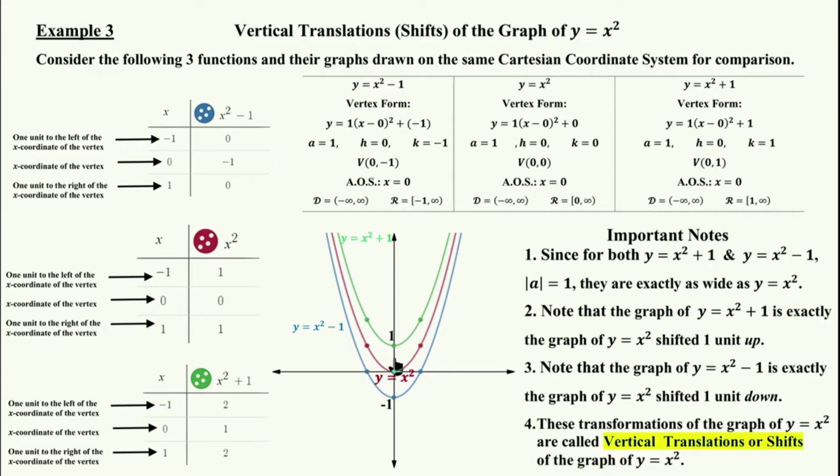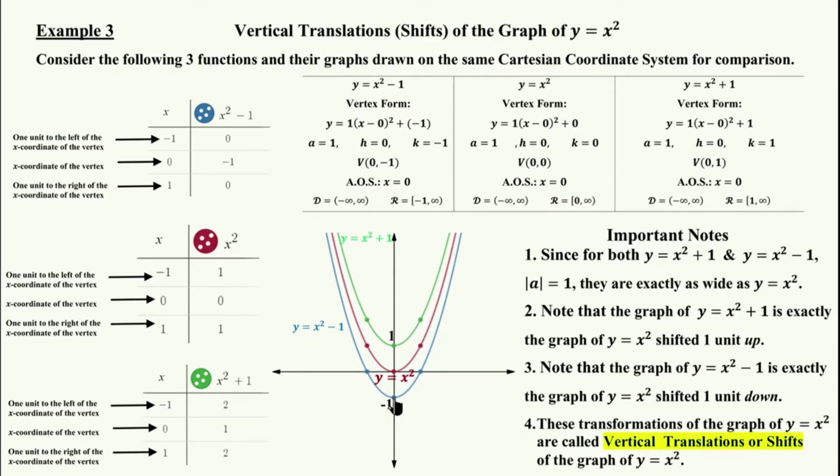So here what's going to change is the elevation, the y value. With y equals x squared plus 1, you're just taking the graph in red, which is our reference graph x squared, and you're pulling it up 1 unit.